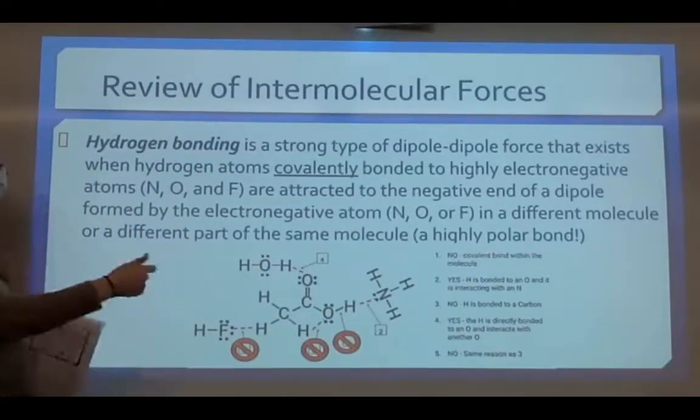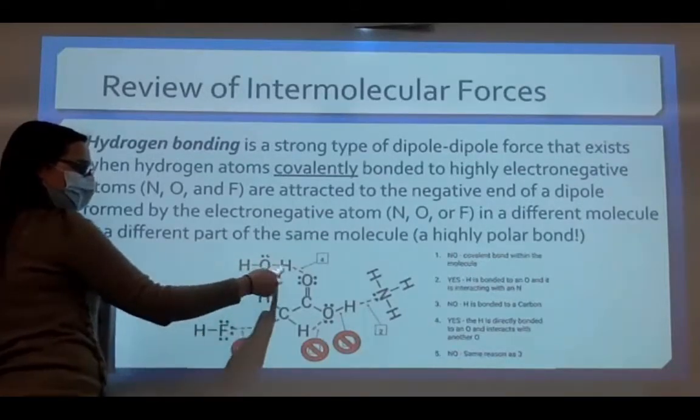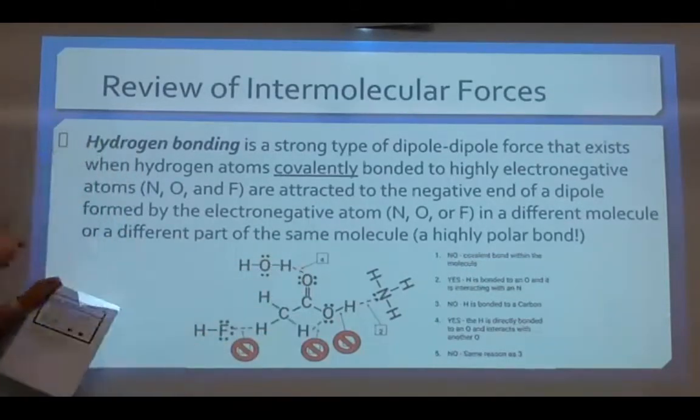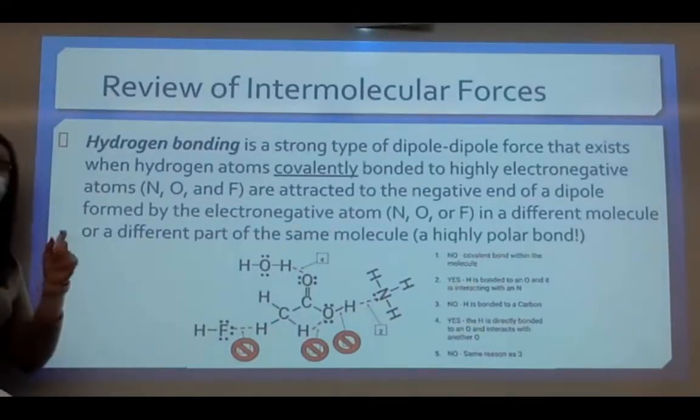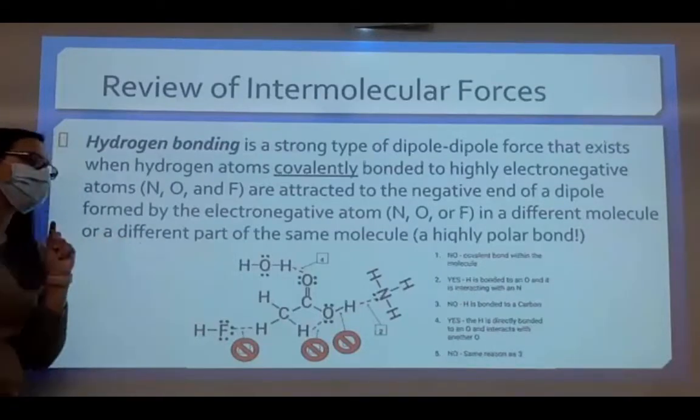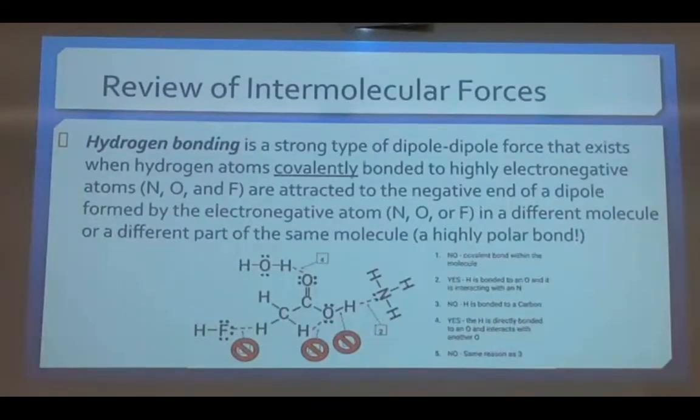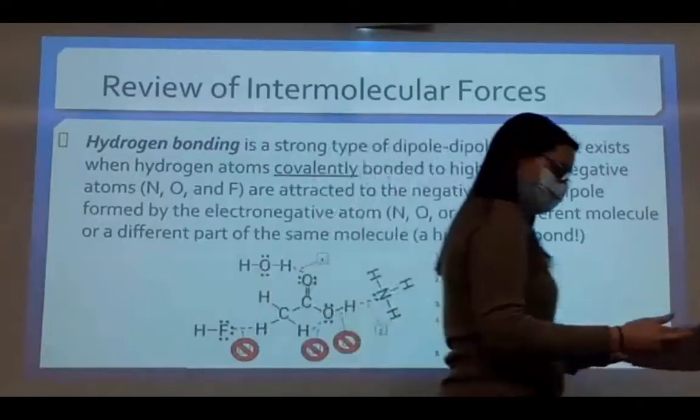So H, covalently bonded to N, O, or F, needs to be attracted to N, O, or F in a different molecule, because those are the most electronegative atoms. So the most electronegative atoms will create this even stronger type of intermolecular force.